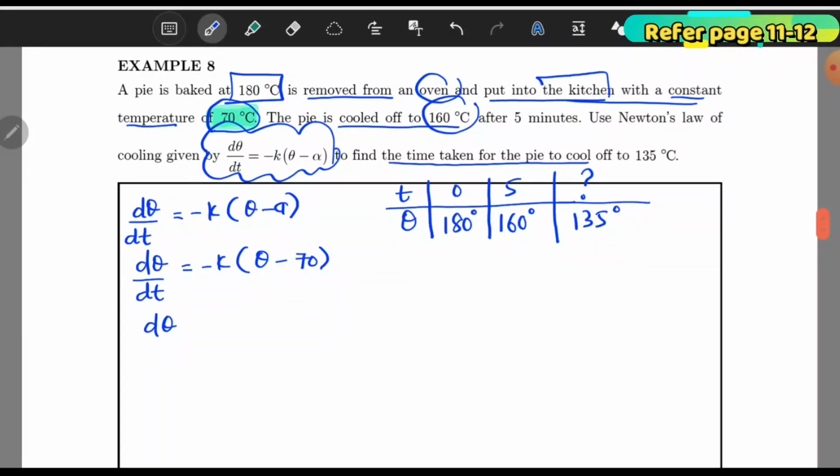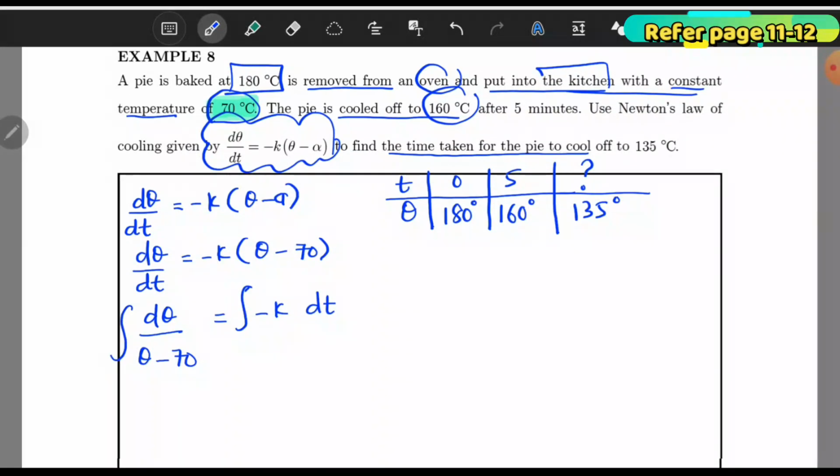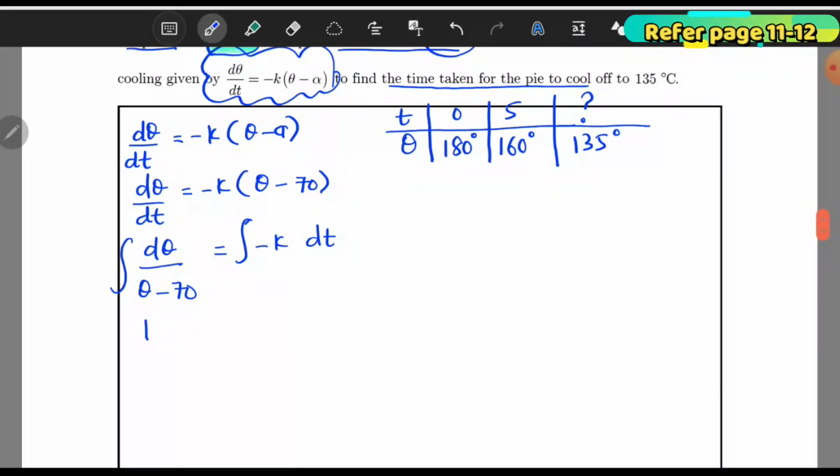Now we try to separate. We have d theta over theta minus 70 equal to negative k dt. And we integrate both sides. We will get ln of theta minus 70 equal to negative kt plus c. Okay. And then theta minus 70 equal to exponent negative kt times exponent c.